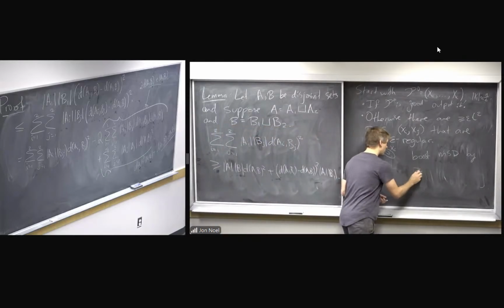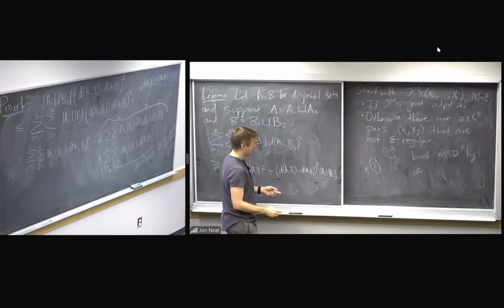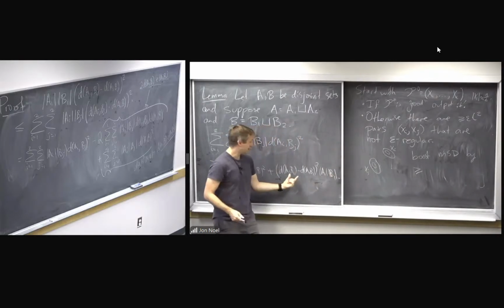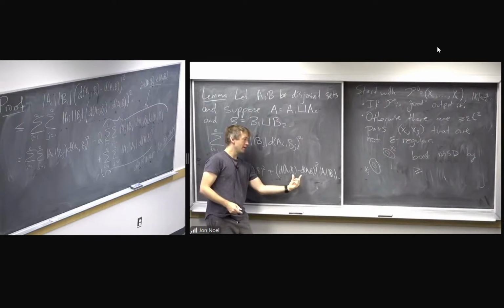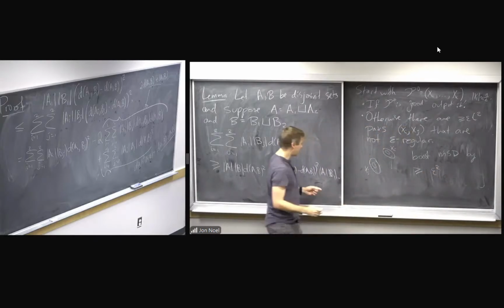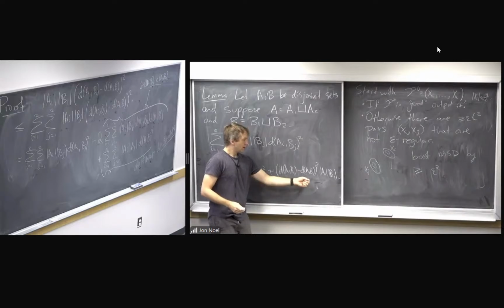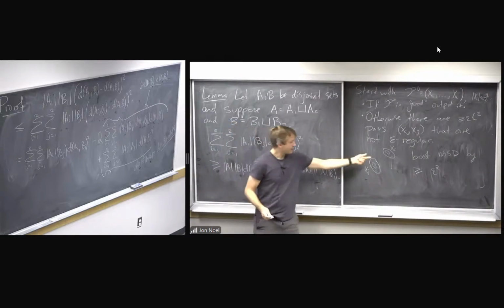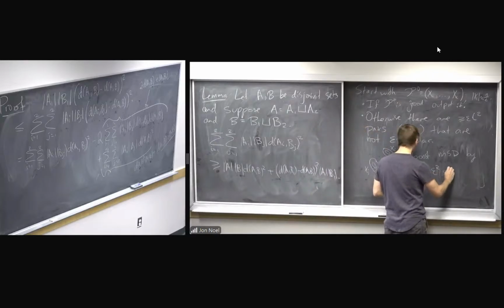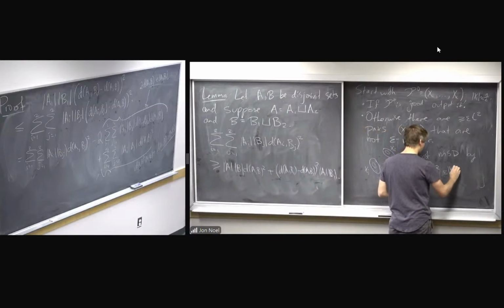In order for this to certify that it's not epsilon regular, this difference has to be at least epsilon in absolute value. So I get an epsilon squared here, right? The size of my little certificate set could be like epsilon times the size of Xi.